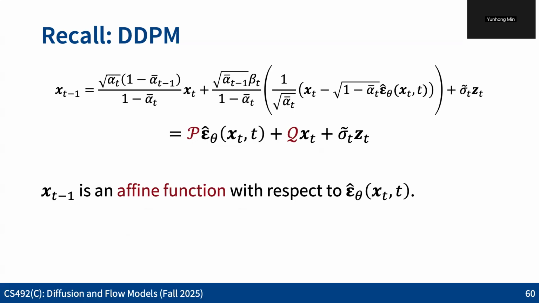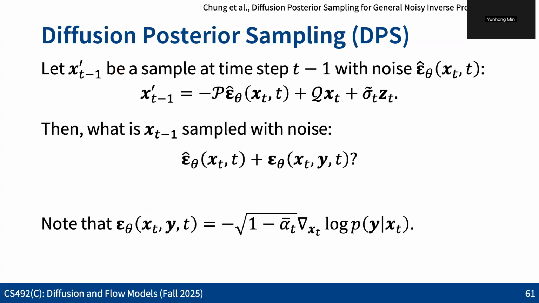Then what you can see is that, let's say this xt minus 1 prime is the next sample computed with the original noise, without any conditioning. This was what we wanted to have, right? The xt minus 1 sample with the original score.